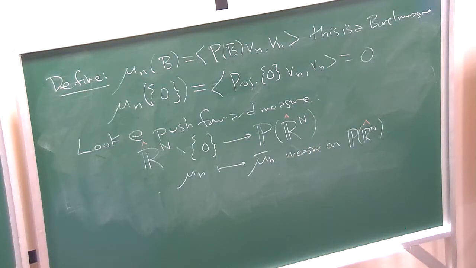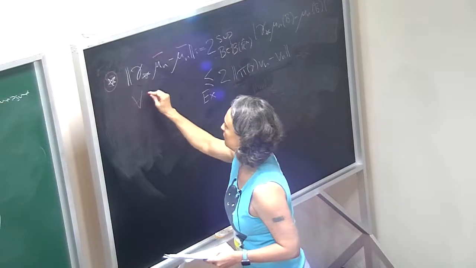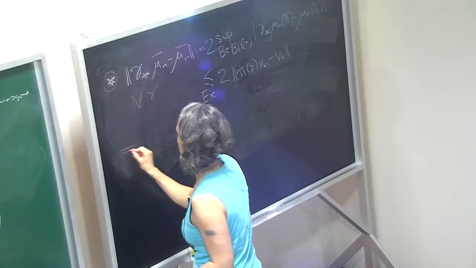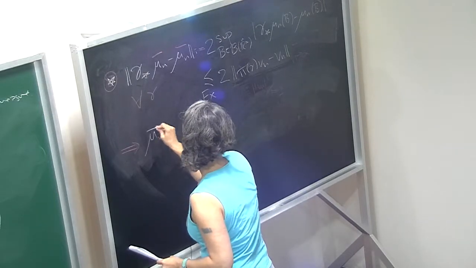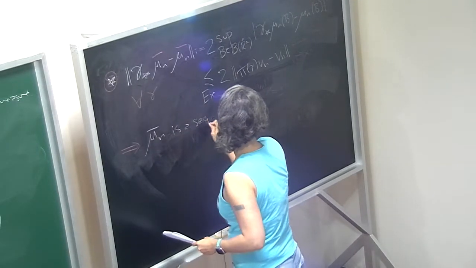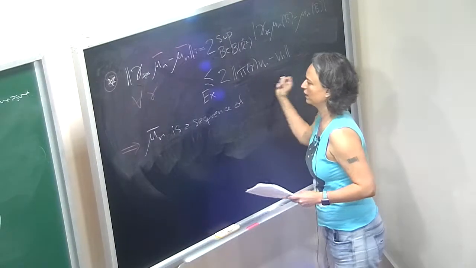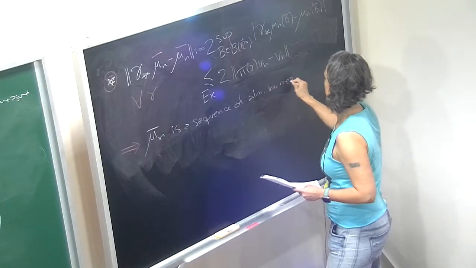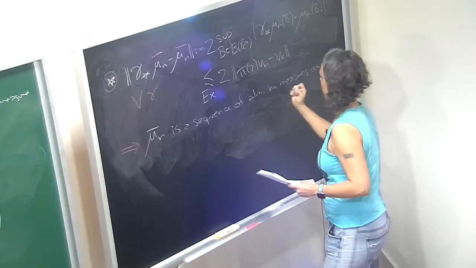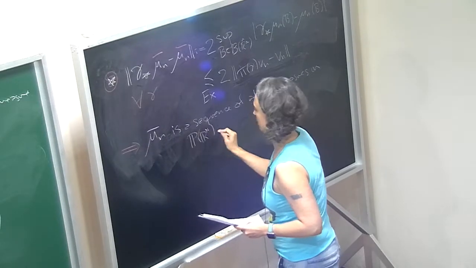Right, so where are we? We have a sequence. This is for every gamma. So mu n is a sequence of almost invariant vectors, almost invariant measures on the compact projective space, right?